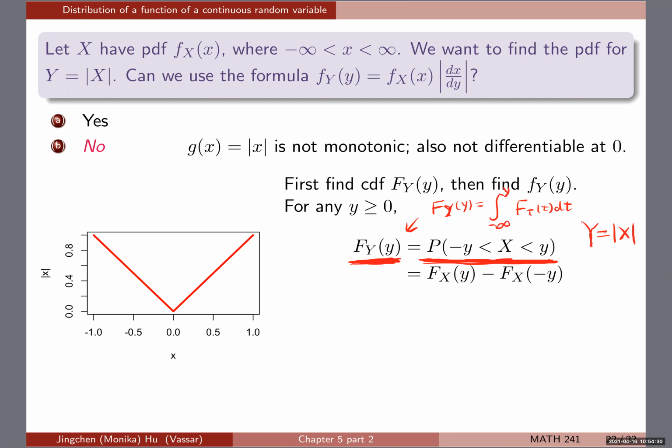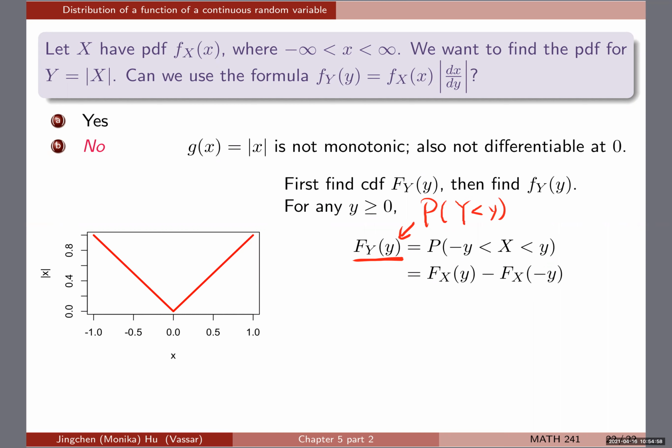This is probably easier to do, instead of doing the CDF... let me erase this just to make it clear. The CDF is the same as trying to get the probability that my Y is smaller than y.